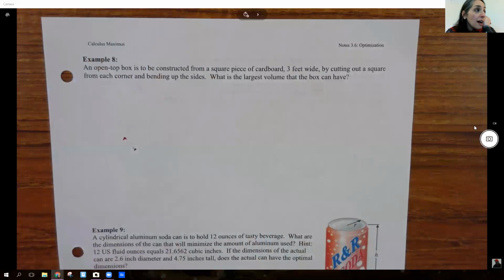Example 8: An open top box is to be constructed from a square piece of cardboard 3 feet wide by cutting out a square from each corner and bending up the sides. What is the largest volume that the box can have? Think about this.